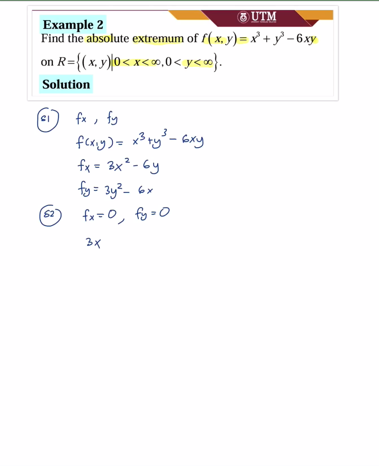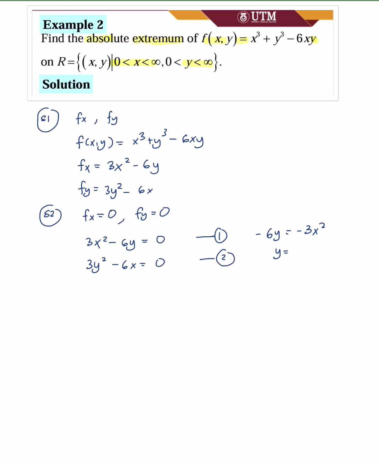So we have 3x squared minus 6y equal to 0, and we have 3y squared minus 6x equal to 0. From the first one, we make it minus 6y equal to minus 3x squared.